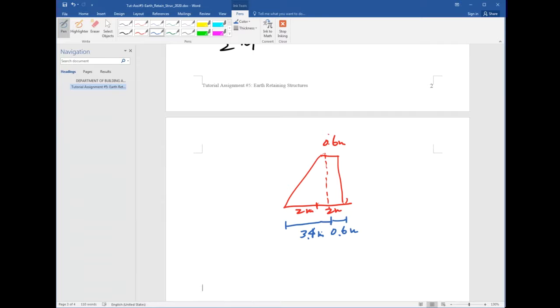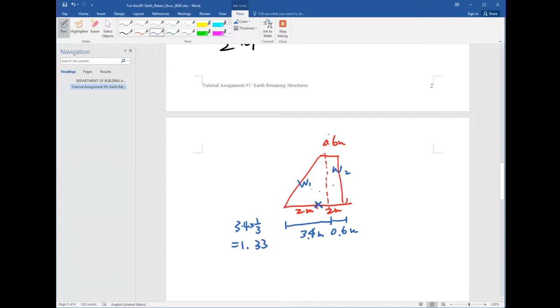Okay. Now, what's the centroid here? Say the W1. Here's the W1, right? And that's the W2, right? So if you take moment about this point, now what's the centroid here? 3.4 meters times 1/3. It gives you 1.133, right?